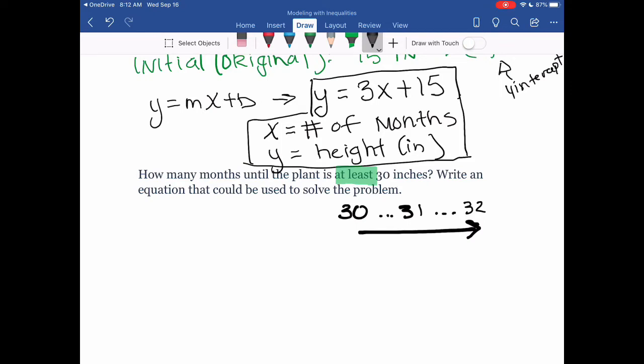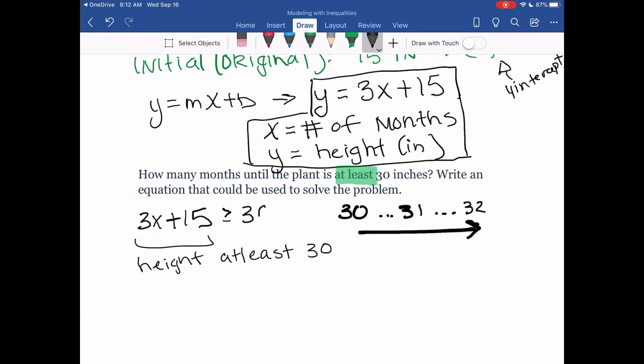I'm still going to use the same formula as before, 3x plus 15, because this represented the height. But now I want to know, when is the height at least 30? So equal to or greater than 30. Now we can solve this inequality exactly like we would solve an equation. I'm going to subtract 15 from both sides.